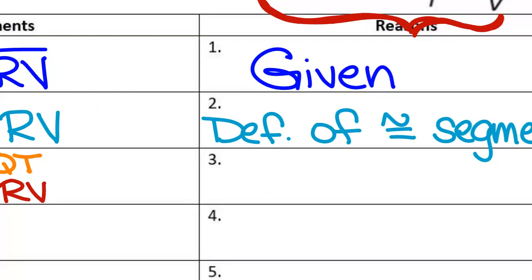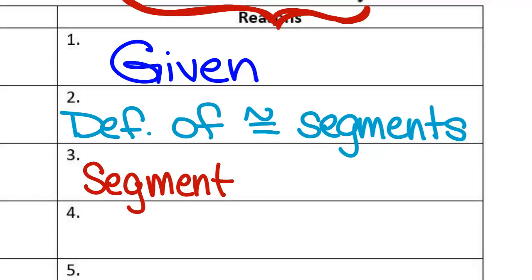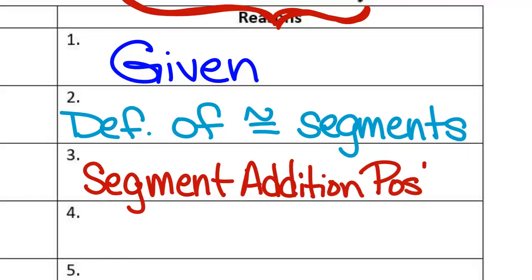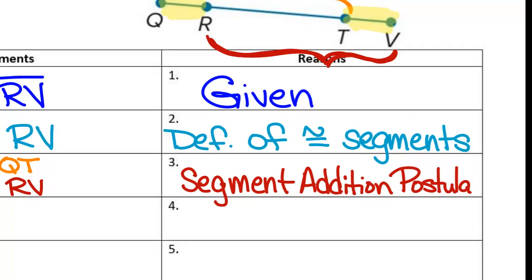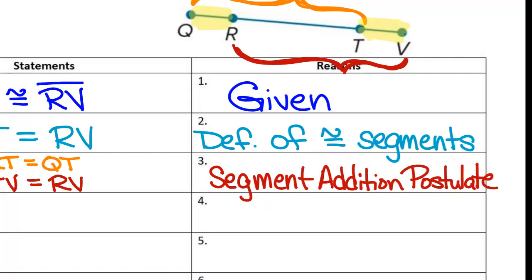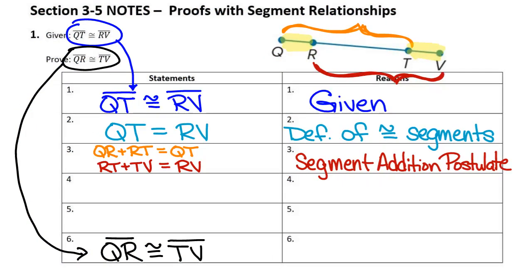Segment addition postulate, yes. The segment addition postulate is what lets me take two smaller segments and add them together to get a bigger segment. All right. We're getting there.